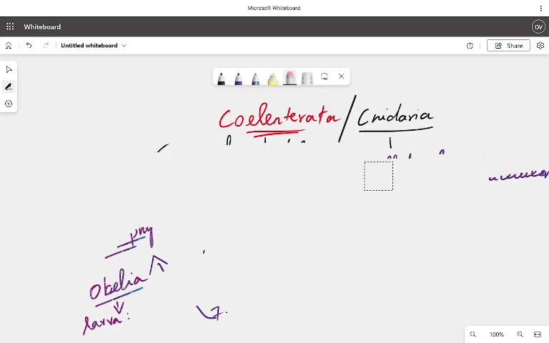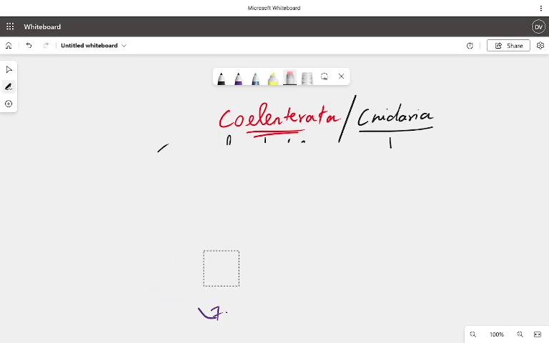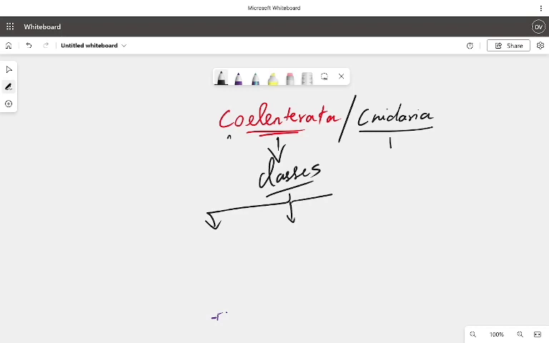So under this phylum, you have 3 classes. Let me write that. The classes under Coelenterata, if you see, Hydrozoa, Scyphozoa, and Anthozoa.